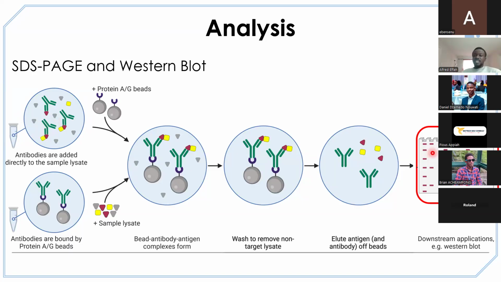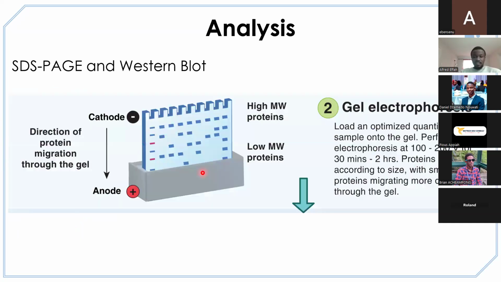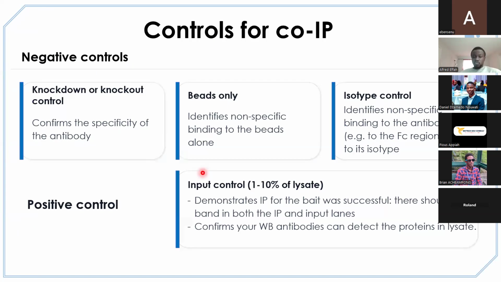It just confirms that, yes, the proteins were even there before we proceed to see whether they are interacting or not. So that can serve as your positive control. You see input a lot in most of the articles. You see input as a positive control, and in the input we expect to see both the protein and its interacting partner.